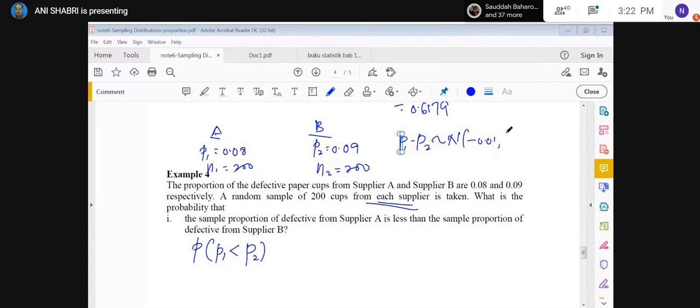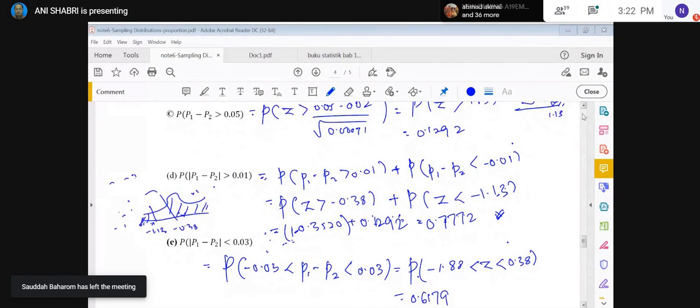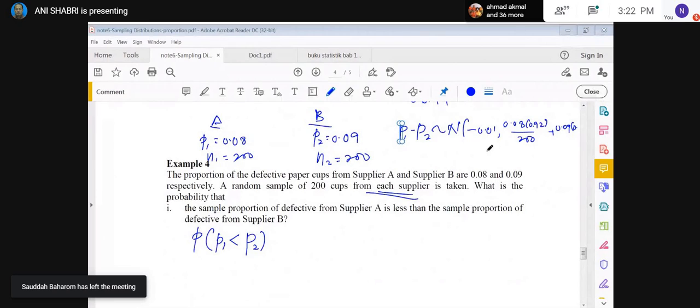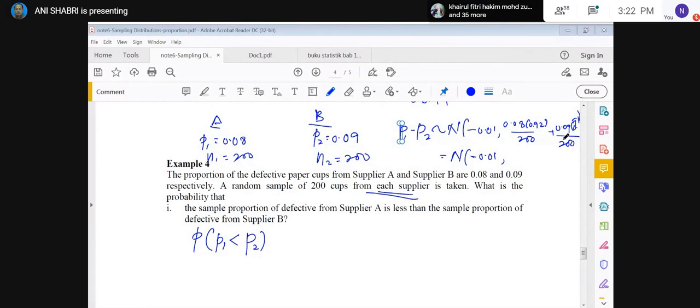Okay, this one is 0.08 times 0.92 divided by 200 plus 0.09 times 0.91 divided by 200. Okay, cuba kira berapa nilai dia ni. Okay, kita dapat negative 0.01. Okay, berapa nilai belakang? What is the value?